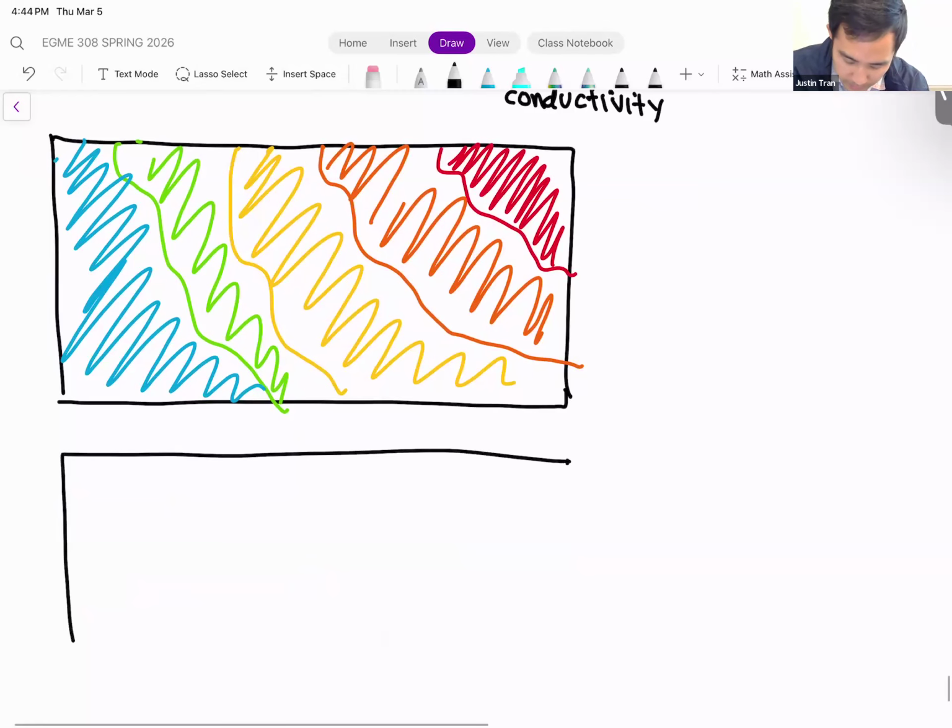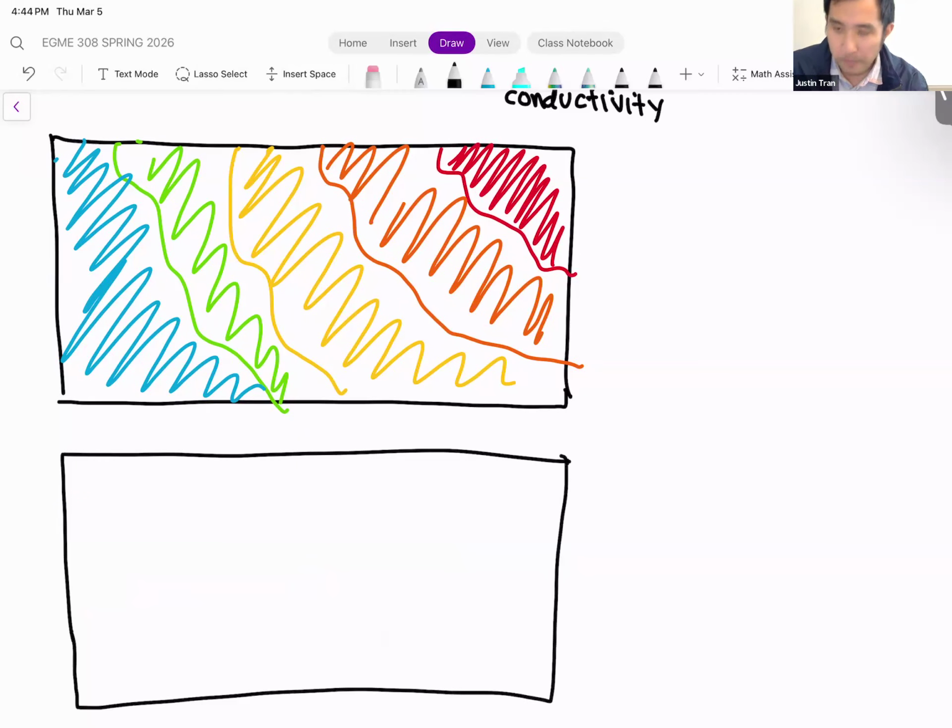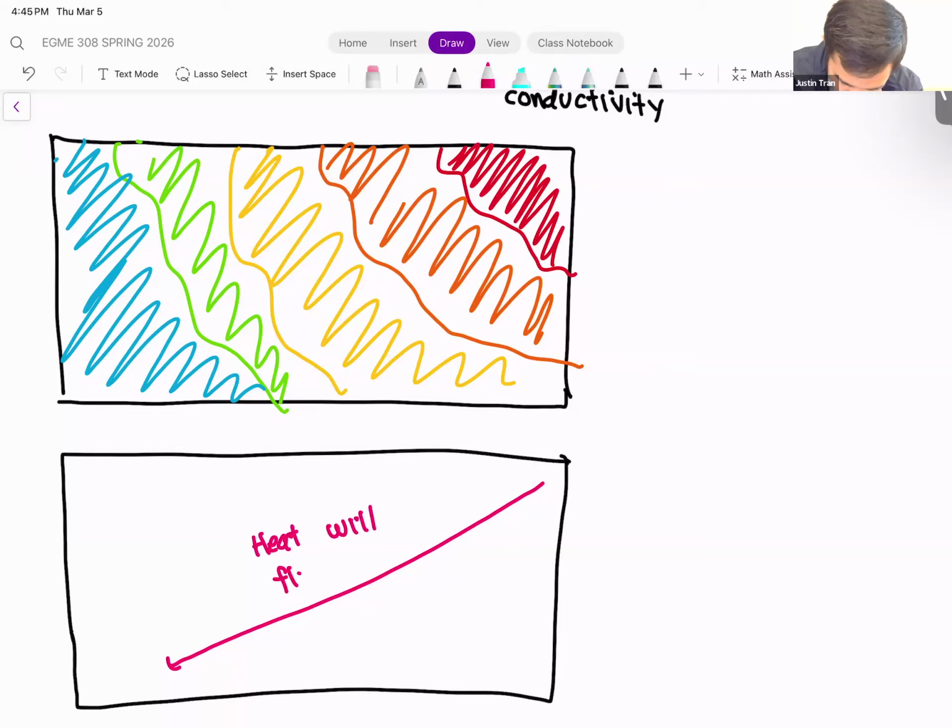Based on Fourier's law, and the fact that heat's going to go in the direction of maximum decrease of temperature, we know that heat, let me use pink for heat, is going to flow from the upper right corner to the lower left corner, because it's going to flow in the direction of maximum decrease of temperature.